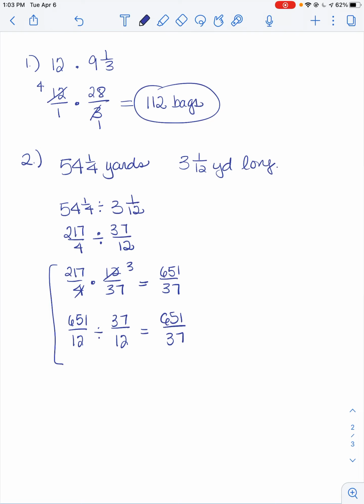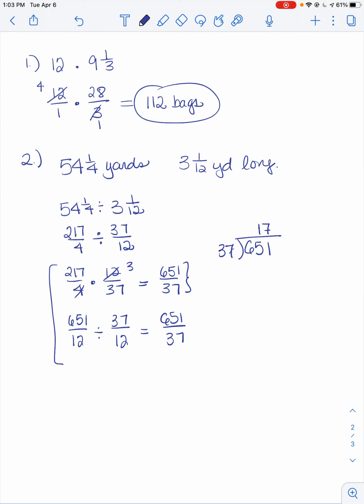Well, if you actually do that math, the 651 divided by 37, you get 17 something. So I think of it as a division problem here. This fraction itself becomes a division problem, which is 651 divided by 37. I know that that equals 17 with some remainder.